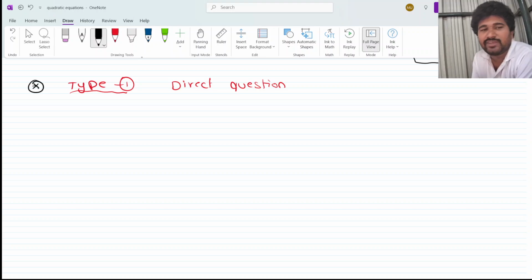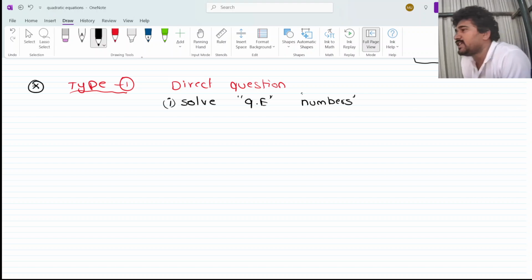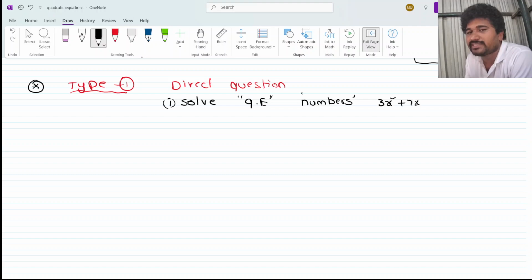He will give, solve a quadratic equation. Here we will use numbers only. In direct questions, one type is numbers, for example 3x square plus 7x minus 2 equal to 0. Like that, simple question.